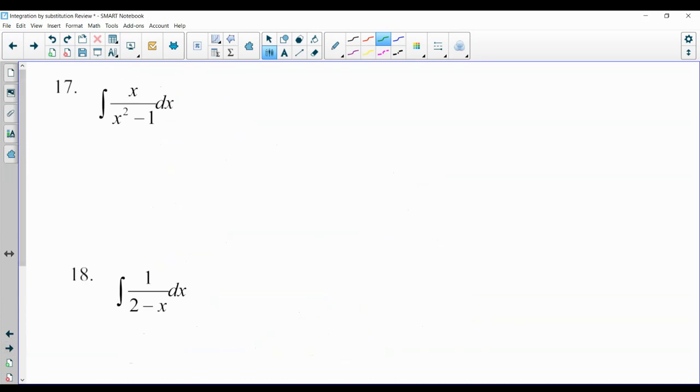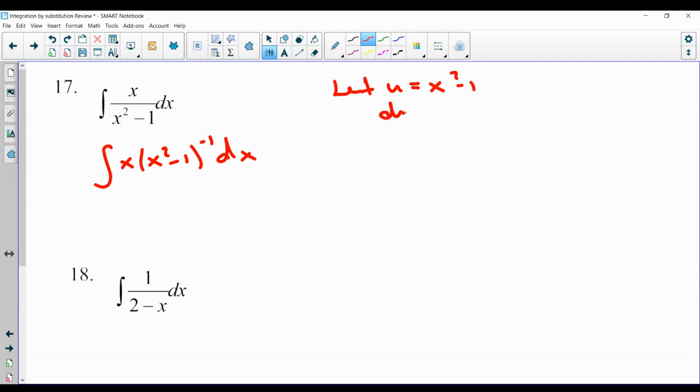Kicking it up a little bit. Every time I figure if you just keep watching, you'll get tips. All right, so I bring this one up, and then I can clearly mark what is the interior here, and I'm happy because that x will cancel. I'm solving for dx. dx is du over 2x.